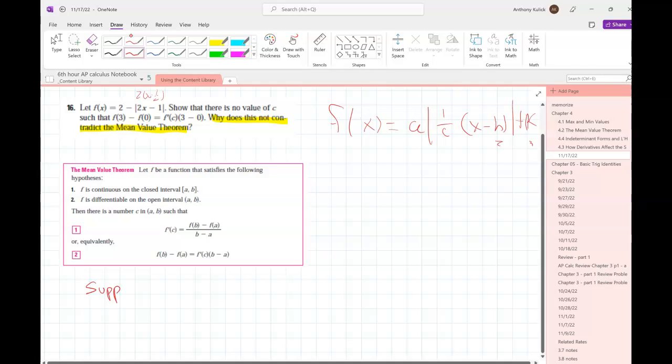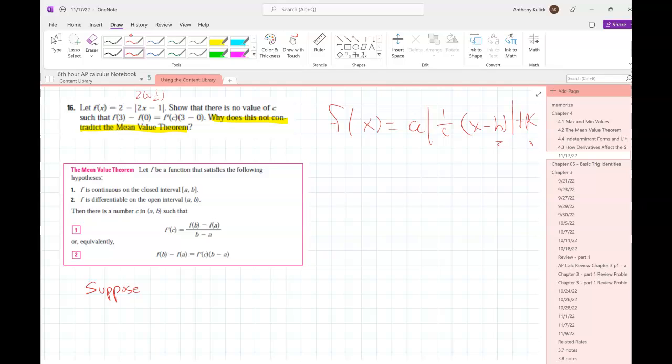The easiest way to do this is proof by contradiction. So we'd say, suppose there exists a c on AB such that f of 3 minus f of 0 equals f prime of c times 3 minus 0.